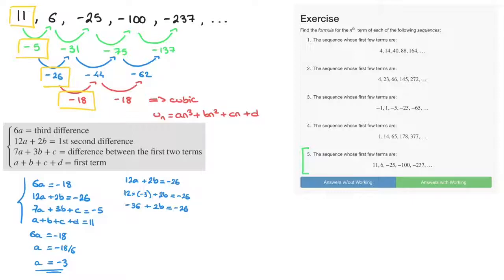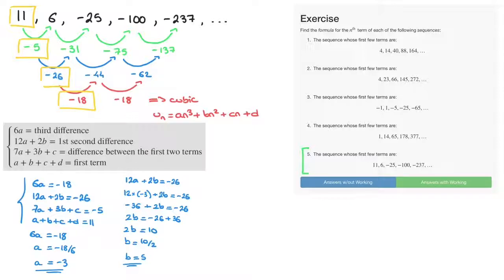We now add 36 to each side of this equation, which leads to 2b equals negative 26 plus 36. And that turns into 2b equals 10. We now divide both sides of this equation by 2, which leads to b equals 10 over 2. Finally, b is equal to 5.